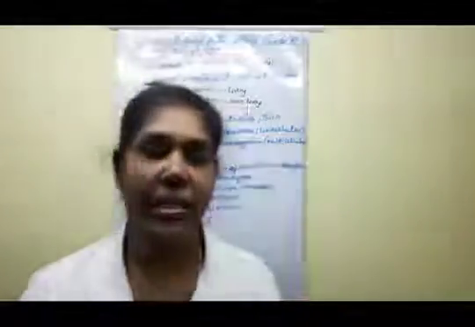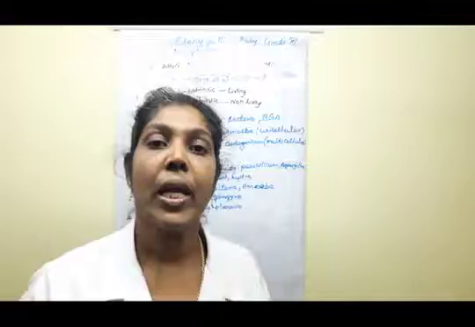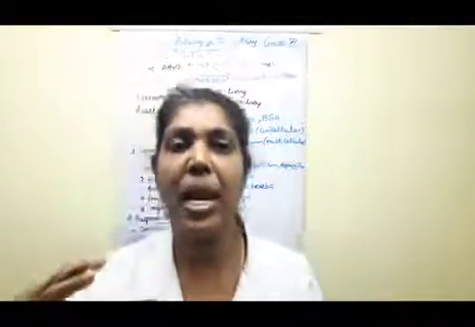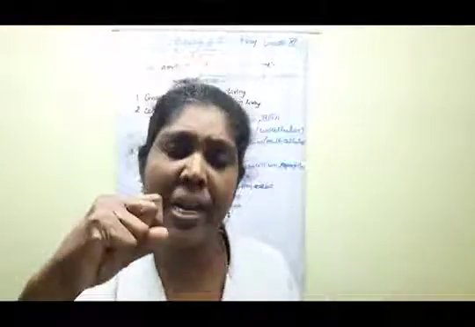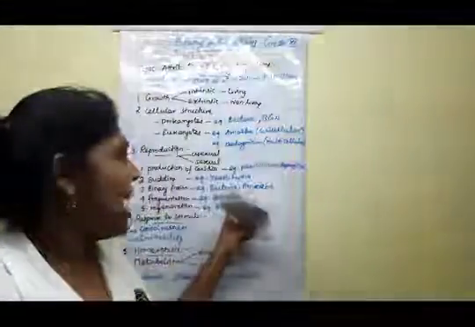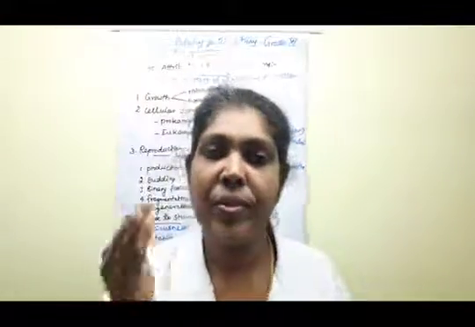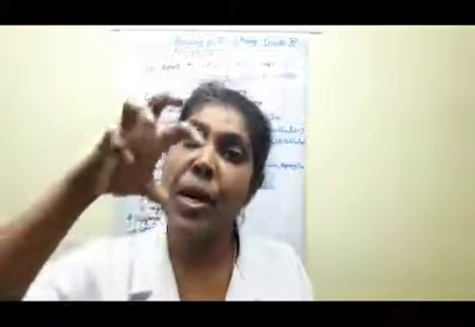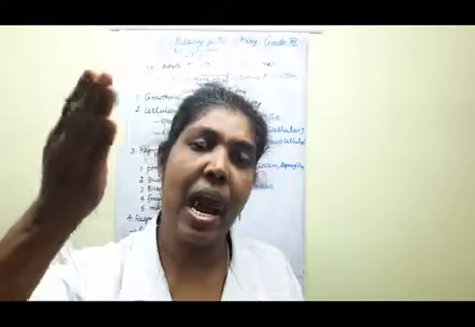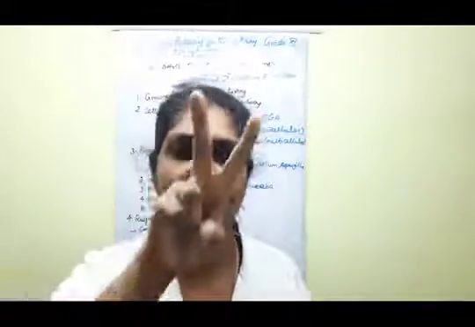Understood? Yes. The next one of this type is binary fission. Binary fission mostly takes place in bacterial cells and amoeba. First the nuclear region divides, and after that the cell divides into two.